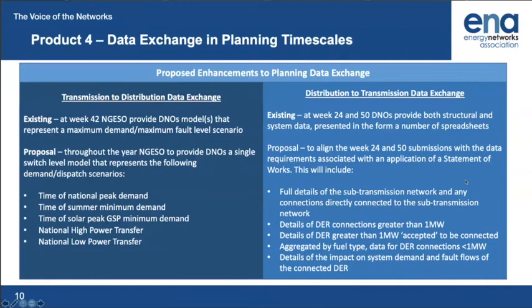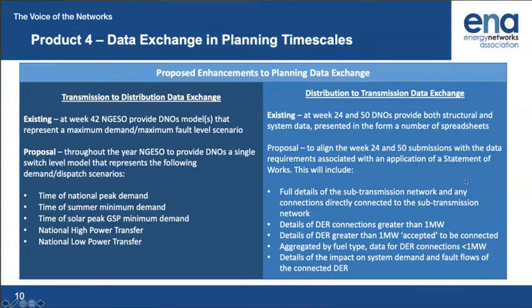And what we'll also be providing is the impact of all this, both the above and below 1 megawatt generation. We'll be providing the impact on system demand and fault flows of that connected DER.